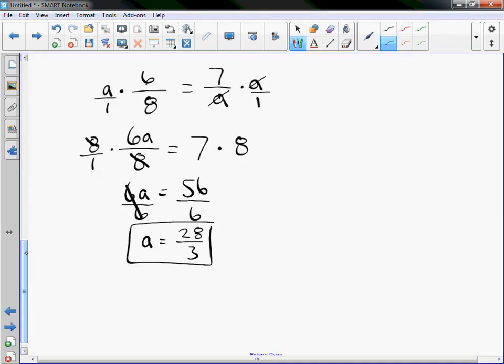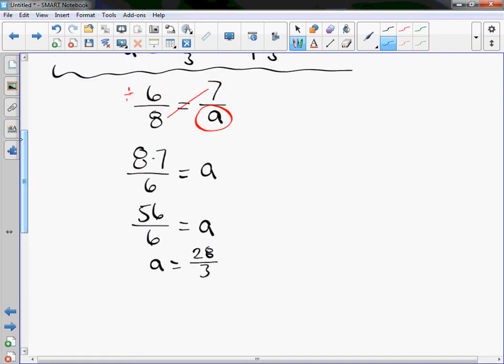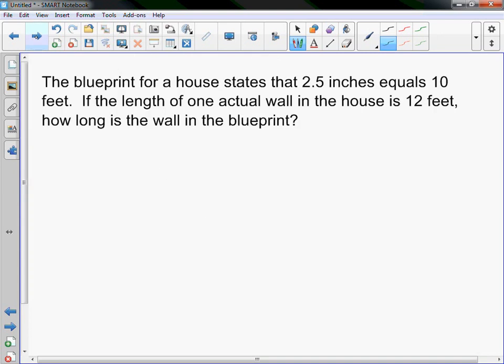Sometimes students will say, I've got two fractions multiplied by each other, so I'm going to cross multiply them, which is incorrect. Cross multiply divide, or cross multiplication, is actually kind of a trick method. Don't confuse it with normal multiplication of fractions. Remember, when you multiply fractions, you multiply straight across, not cross multiply them.